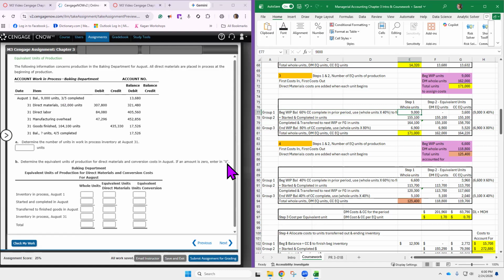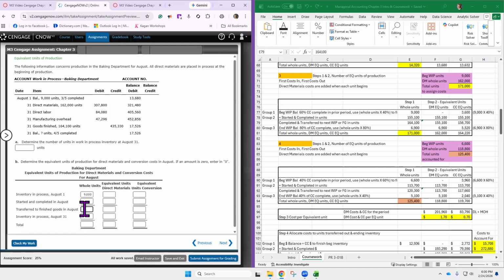9,000. We know that 164,100 units were transferred out. All right, so let's put in what we know. Let's put in our whole numbers. 9,000.